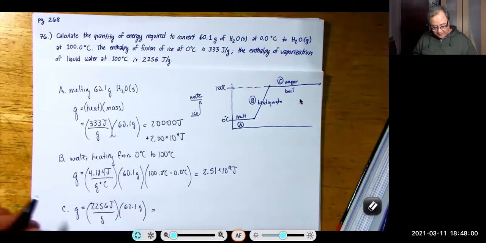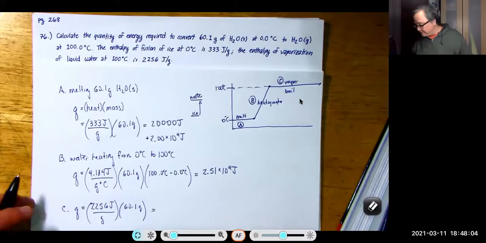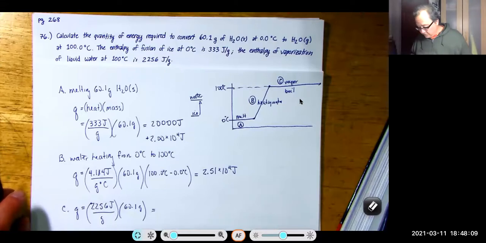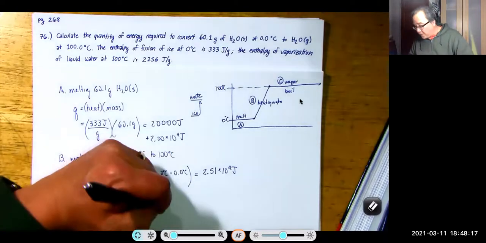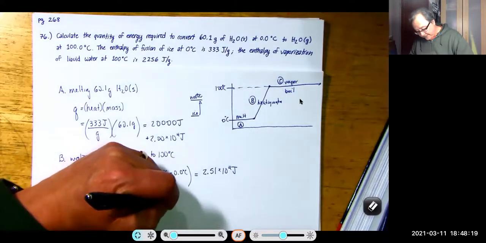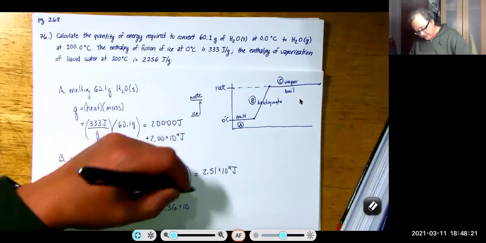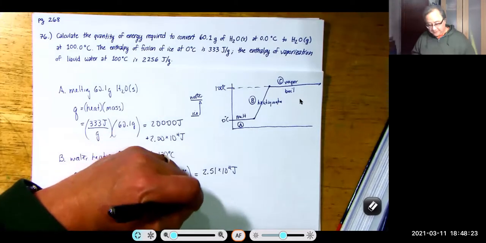So it's going to be, oh my goodness, 120,000, 130,000. 2256 times 60.1, and I get 1.36 times 10 to the 5 joules.